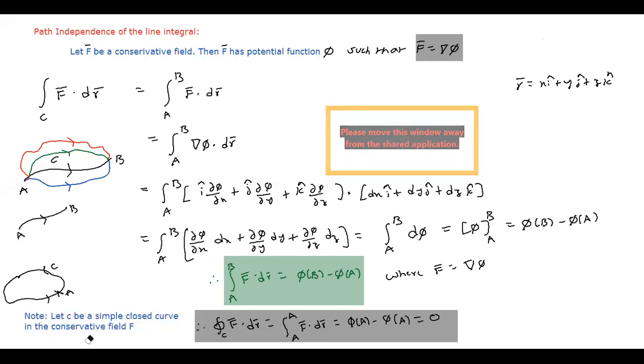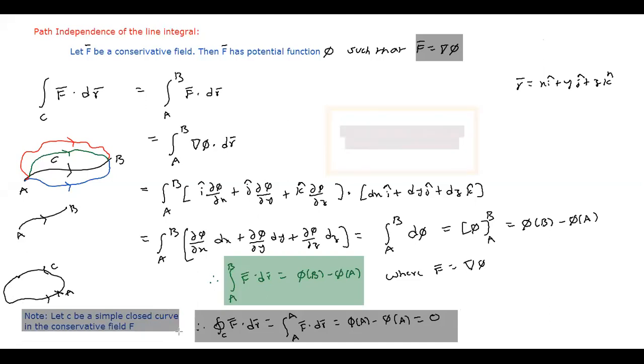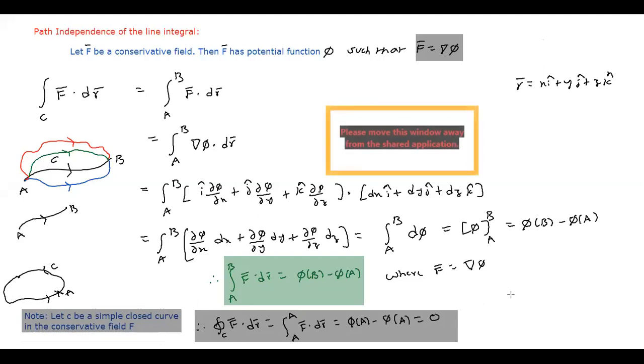But how do you determine whether the field is conservative or not? What is the condition to check whether the field is conservative? Curl F bar is 0 bar. So when you are asked to evaluate the integral of F bar dot dr bar over C, just check whether curl F bar is 0 bar or not.